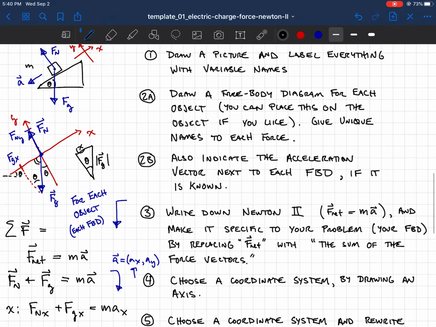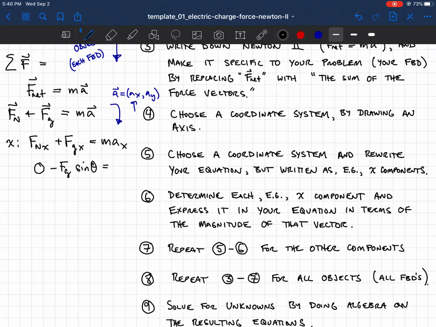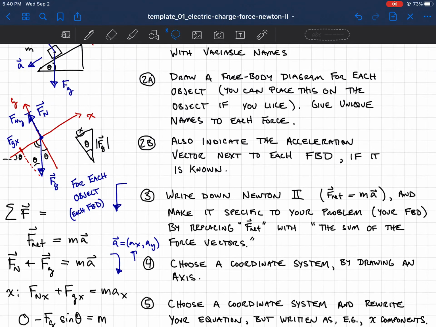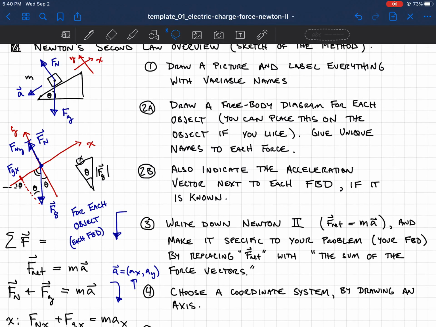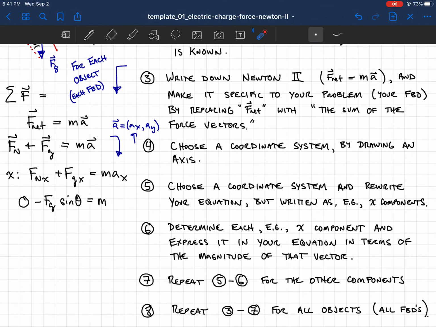Okay? And finally, I need to also do the same thing to the right-hand side of the equation. So I have m times, and let me move this over, ax, so I have to find the x component of the acceleration vector, and you can see that if I were to take this vector and place it on this coordinate system, it would point in the negative x direction, and it would not point at all in the y direction, so the whole thing would just have an x component.